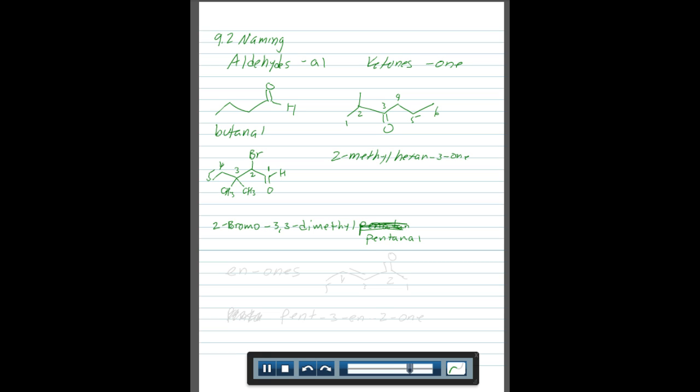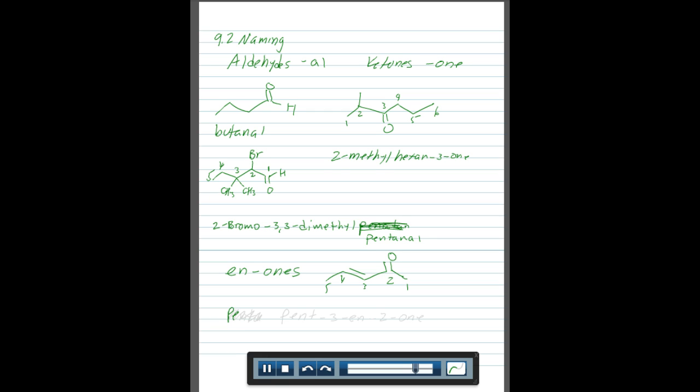Common compounds are enones. I guess enals too, but usually you see them as enones, where you have a double bond and a ketone. So again, start numbering from the side closest to the carbonyl. So 1, 2, 3, 4, 5.